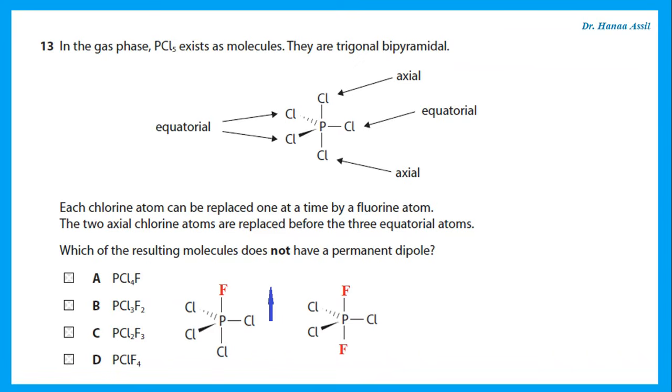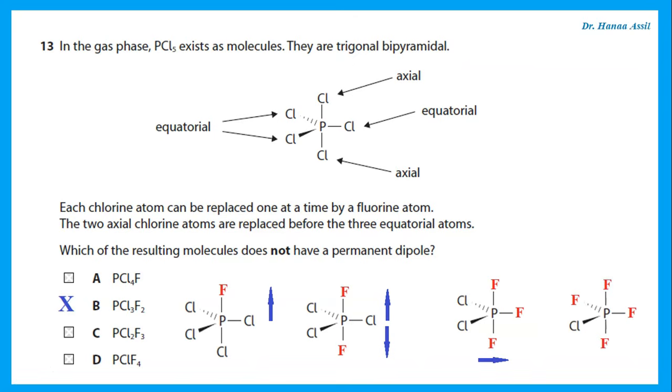Now, what if we replace the other axial chlorine with a fluorine? Now the polarities are in opposite directions and they would cancel. So this molecule does not have a permanent dipole. The others would have a net dipole going towards the fluorines, so my answer here is the second choice.